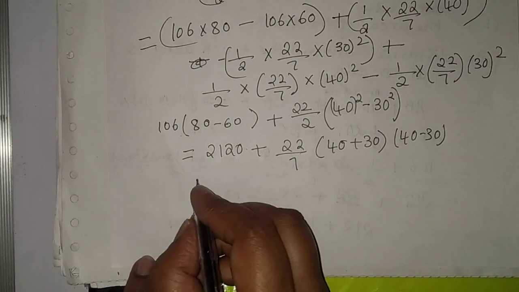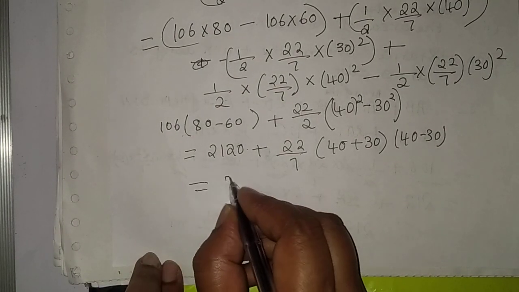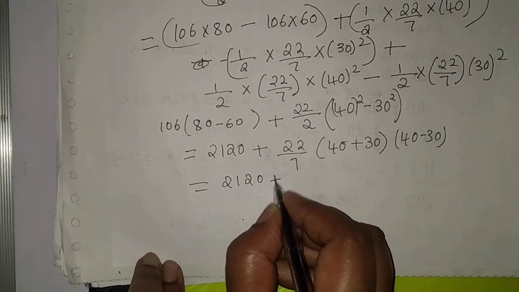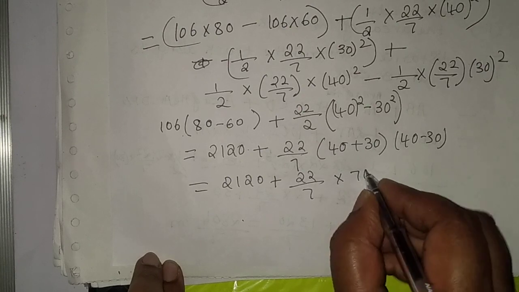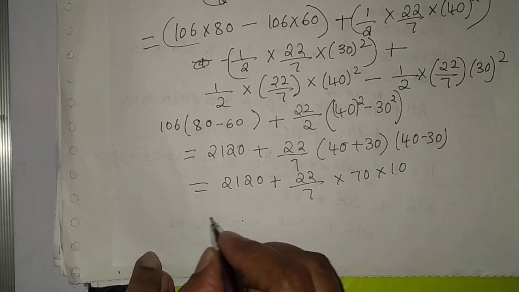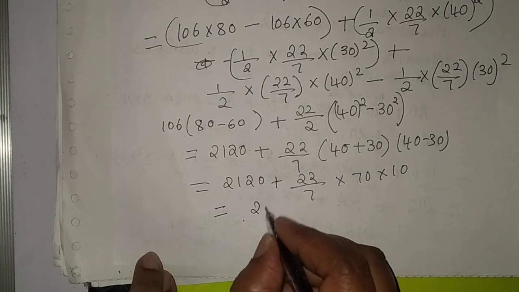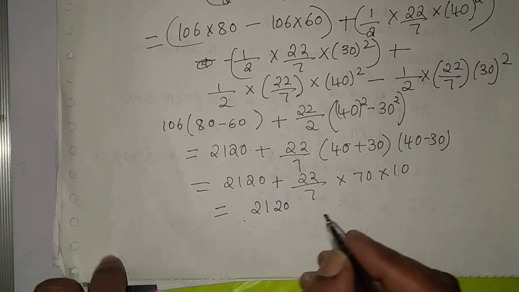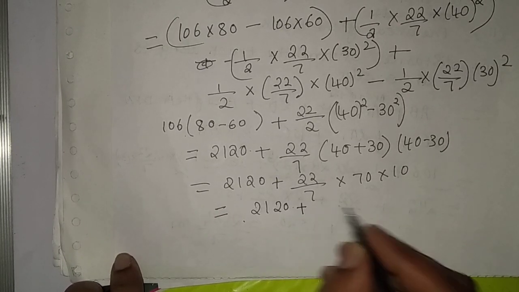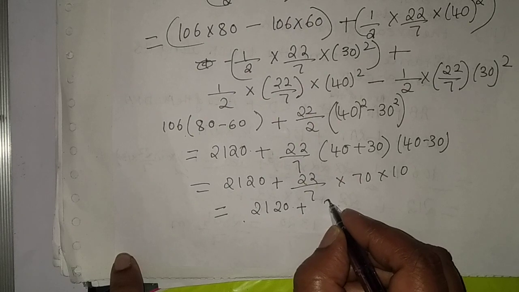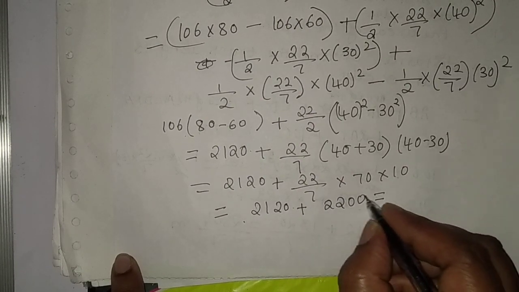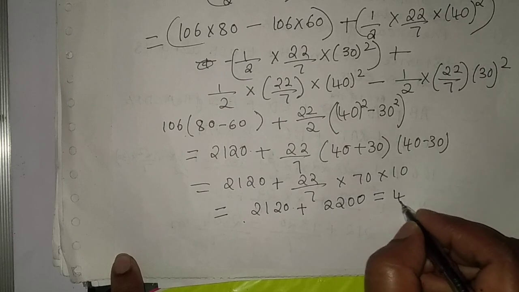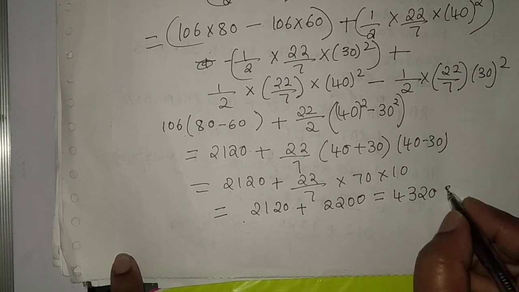Simplifying, we get 22 by 7 into 70 into 10. So this is 2120 plus 2200, add these two, and we get 4320 square meters.